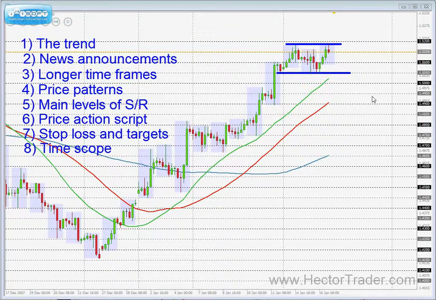In this case, this is a 4-hour time frame setup. And therefore, I'm going to be looking to possibly stay about 24 hours, between 1 and 2 days, on this trade. No more than that. I don't want to keep this trade open for more than 2 days, than 48 hours.